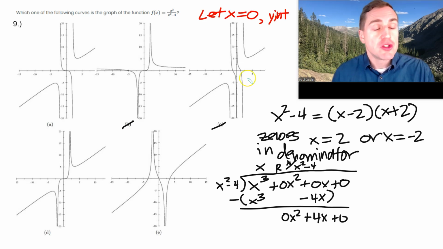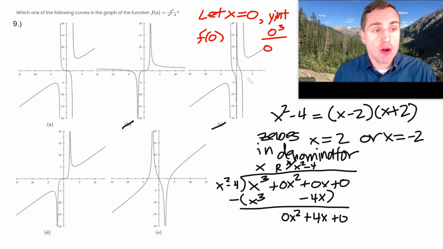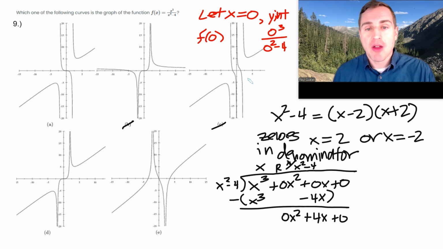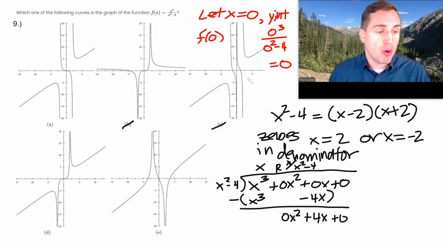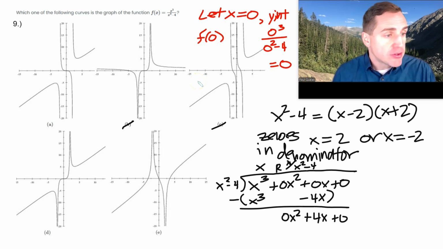So if we plug in 0, that's f of 0, so that's going to be the y-intercept. That's 0 cubed over 0 squared minus 4. Well, that's just going to be 0. So 0, 0 is going to be an important point. It definitely goes through the origin. So that's this point on any of these graphs.